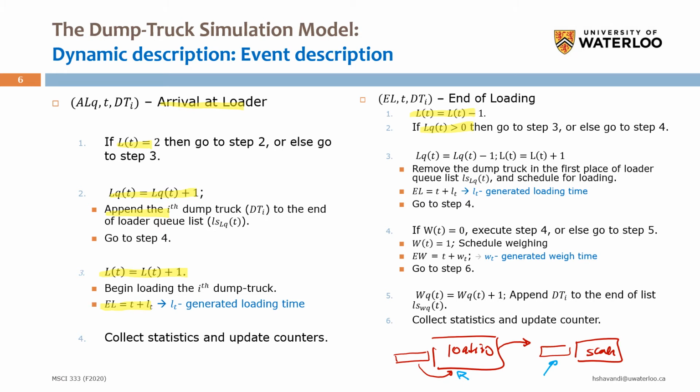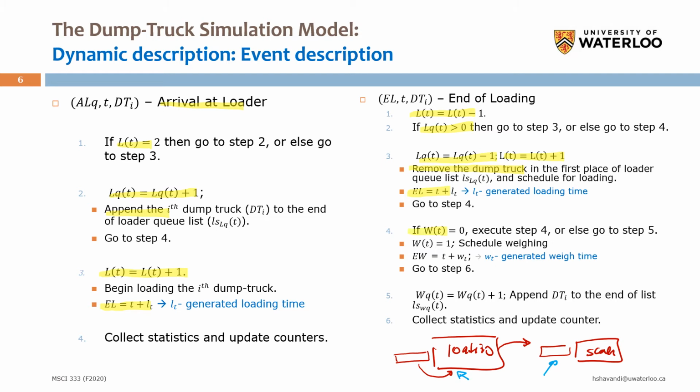If it's greater than 0, we subtract this by 1, and then we add 1 to the loaders being busy. So we remove the dump truck from the first place of the list, and again we need to obtain a departure event here for the end of loading for that dump truck. Okay, and this is the second part here.